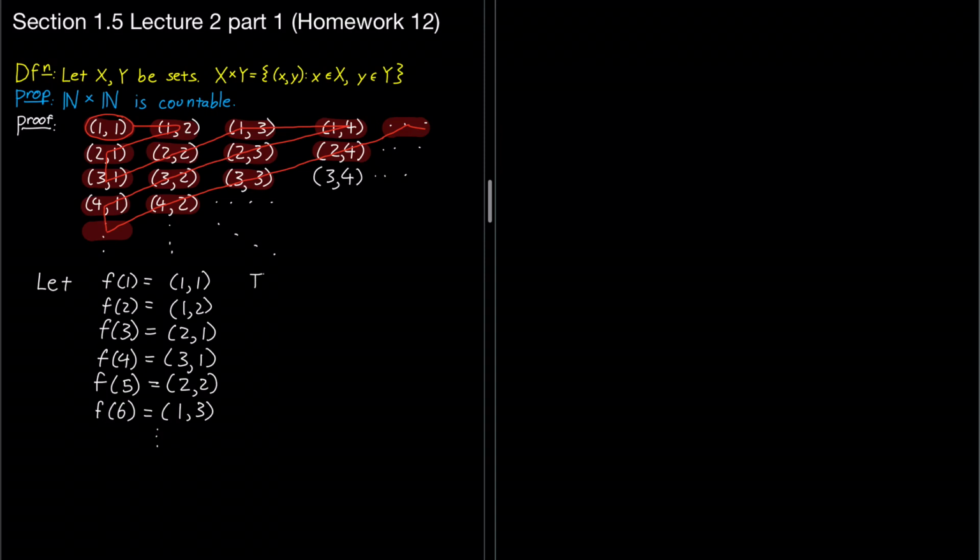This is really getting you the idea. Then f goes from the natural numbers to the natural numbers Cartesian product with itself. That is surjective. In fact, it's even bijective. So N cross N is countable.